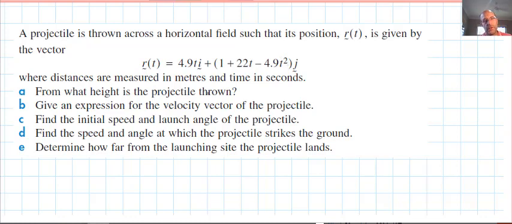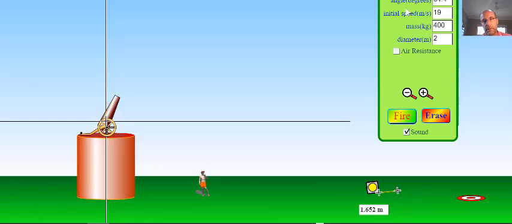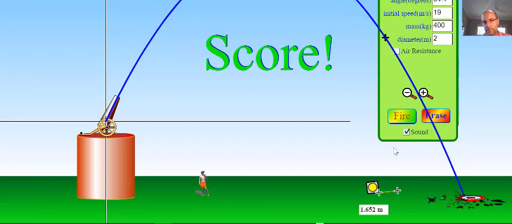Last example, we've got a difference here. We can see that the height at which it's thrown and the height at which it lands are different. So it's a bit like this scenario here. Alright, so that poor old Steinway, that is dead now, and Willie scored a point.